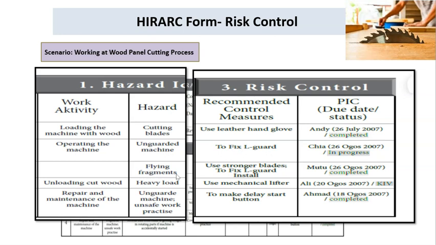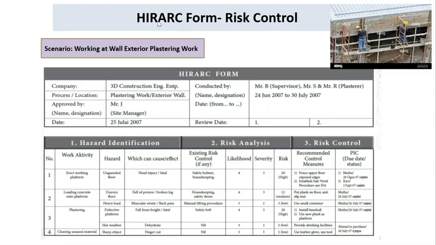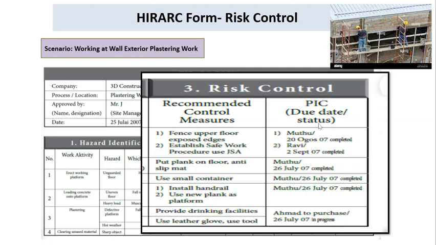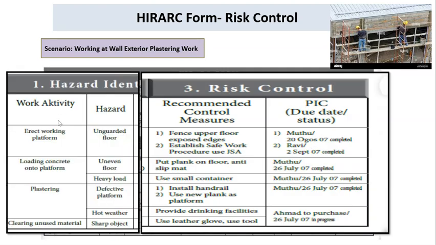And for the flying fragments, they use a stronger blade, and also they fix the L guard installed. And for the heavy loads, they opt for use mechanical lifter. And for the final one, recommend to make a delay start button instead of only using the cover on button temporary.